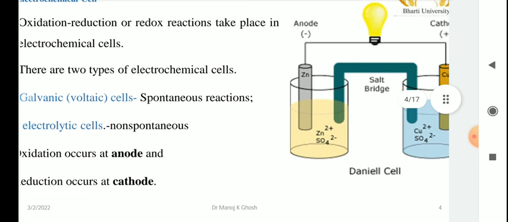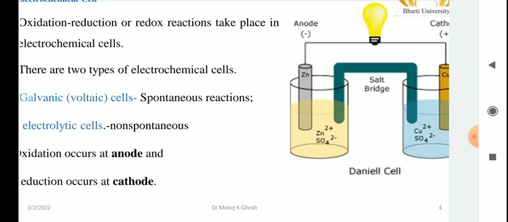Basically, from childhood we know what oxidation is. Oxidation, the loss of electrons, occurs at the anode. Remember, oxidation occurs at the anode and reduction occurs at the cathode.